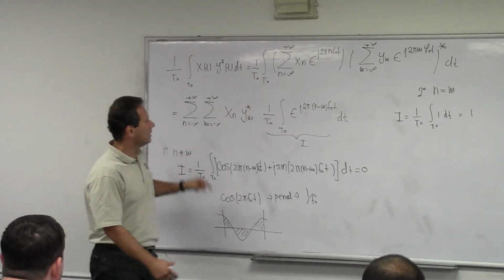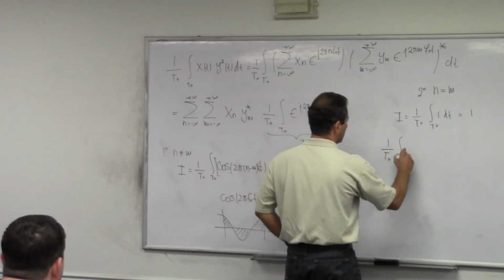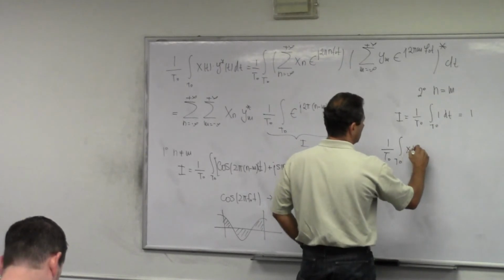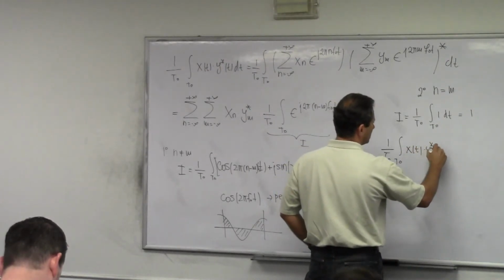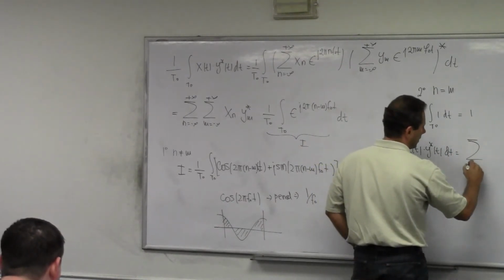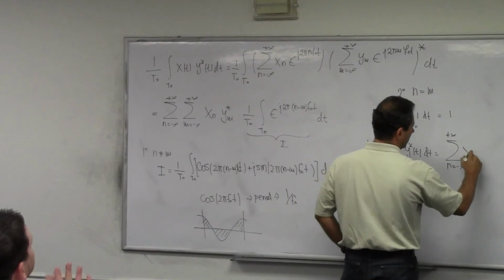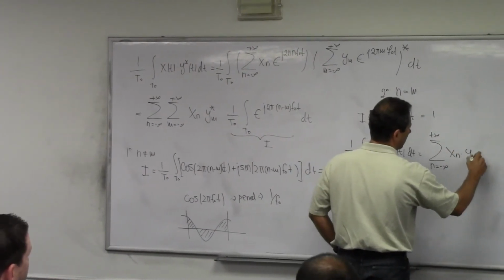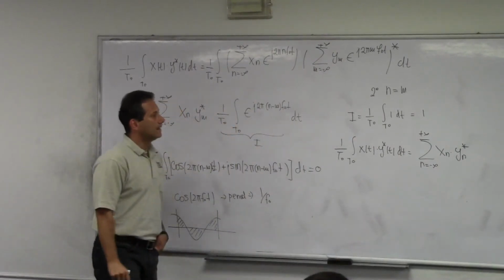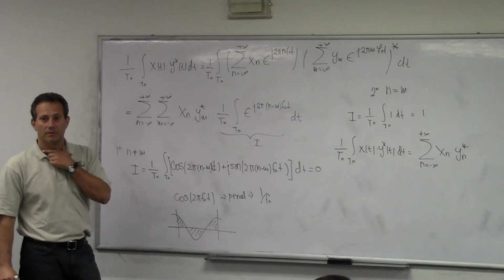So this whole thing here, 1 over t0, integral over t0, x of t times y complex conjugate of t dt, becomes the summation from n equal to minus infinity to plus infinity of xn times yn complex conjugate. Okay, and that's it, right? That's what was to be proved.